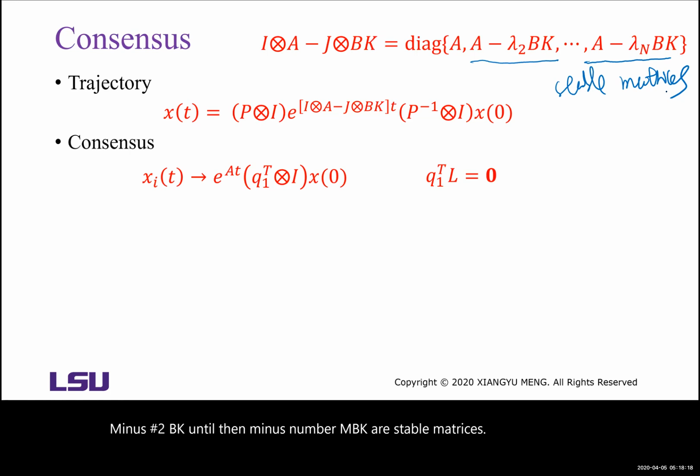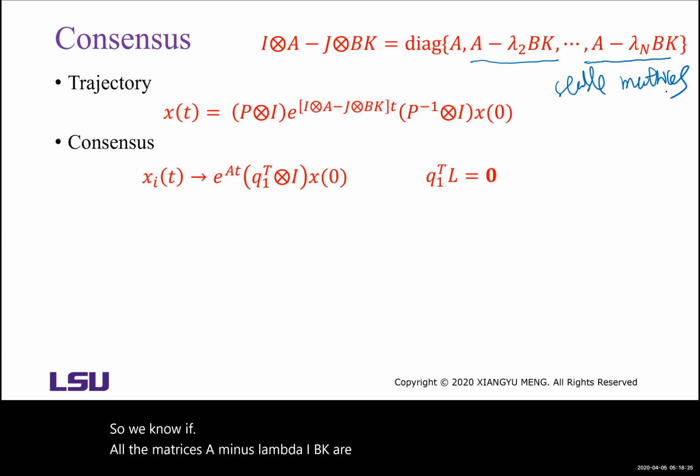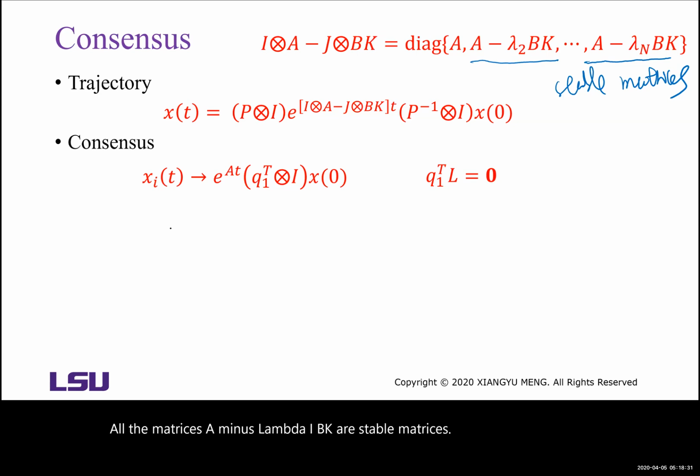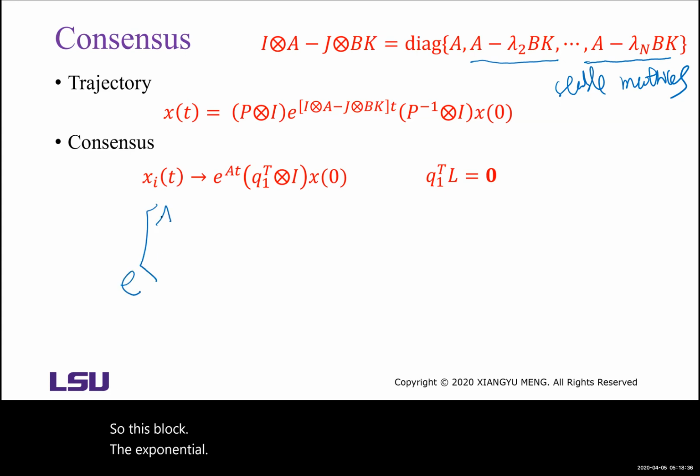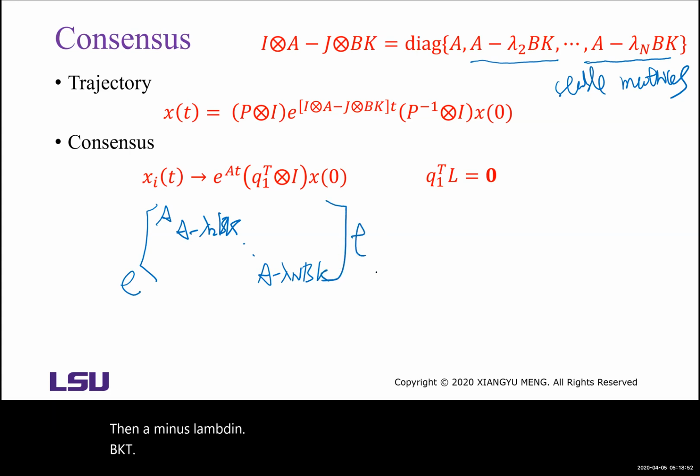So we know if all the matrices A minus lambda i BK are stable matrices, then as t goes to infinity, this block, the exponential of A minus lambda 2 BK t, then A minus lambda n BK t, can be written as a diagonal matrix.